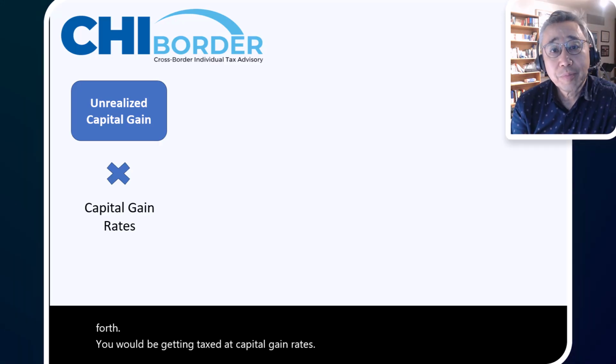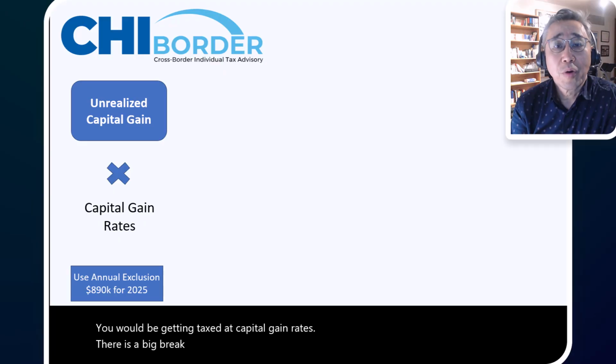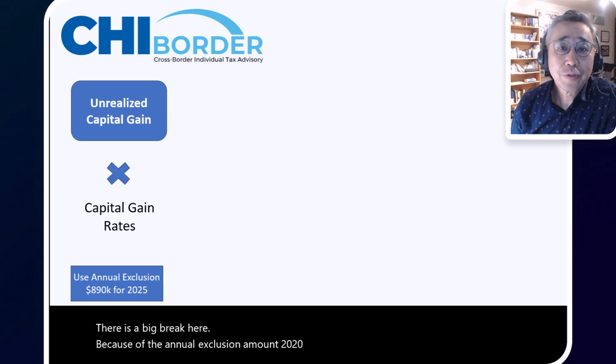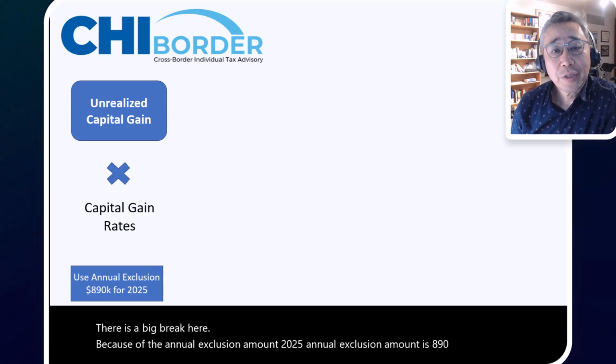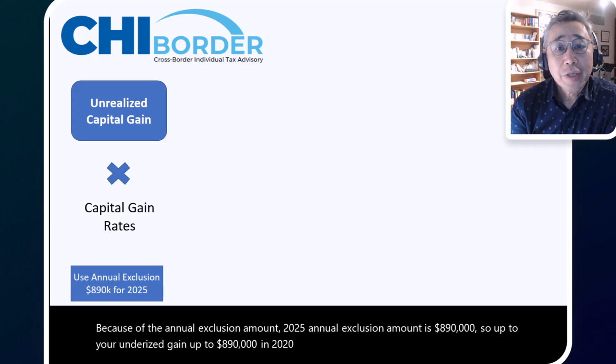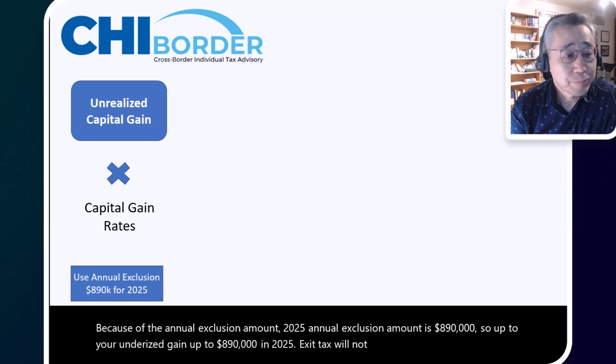There is a big break here because of the annual exclusion amount. The 2025 annual exclusion amount is $890,000. So up to $890,000 of unrealized gain in 2025, exit tax will not be your concern.